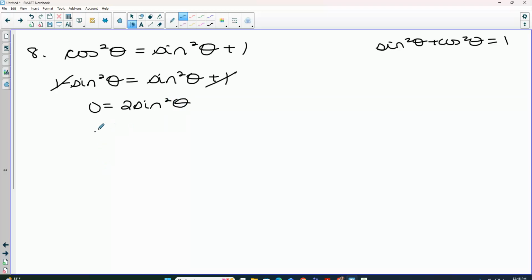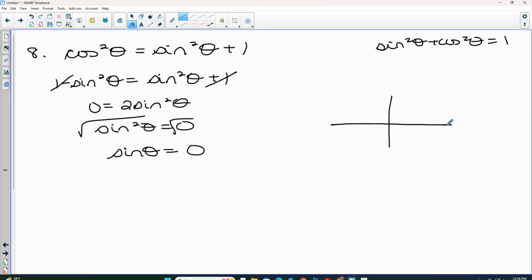If I divide, I get sine squared theta equals 0, which just means sine theta is equal to 0. So on the unit circle, sine is the y. Y is 0 here and here. So this is at 0 radians, or 2 pi. And this one is at pi.